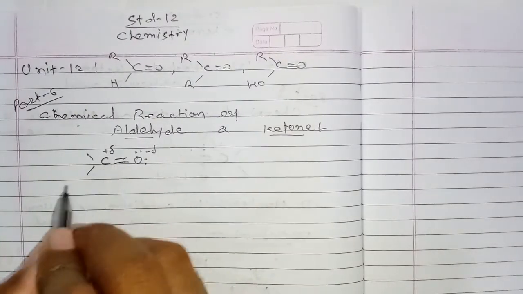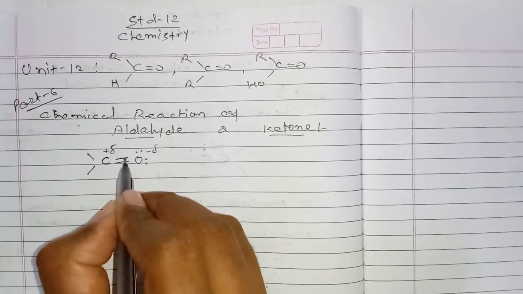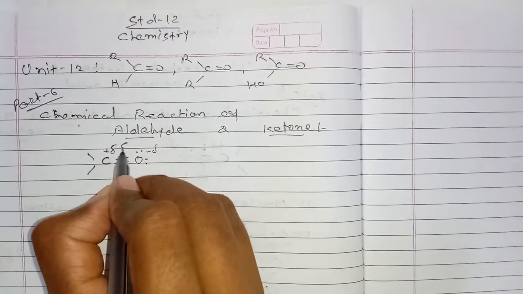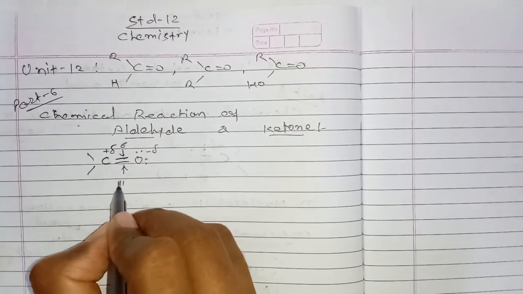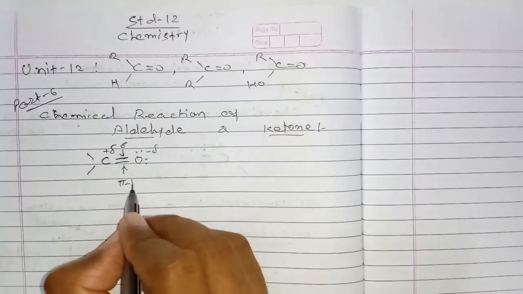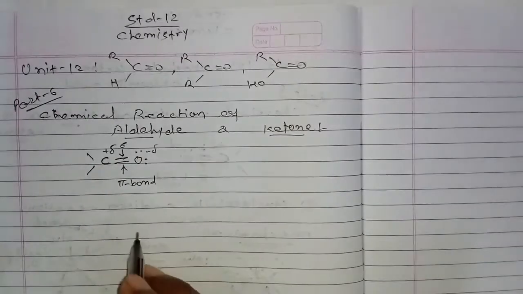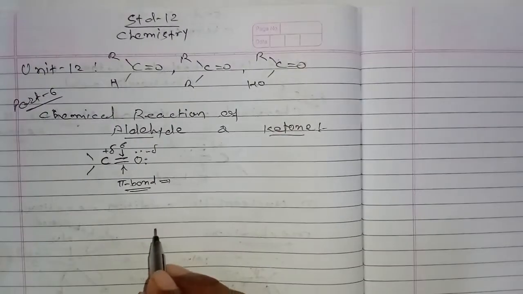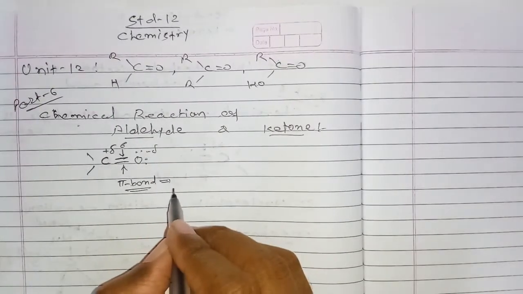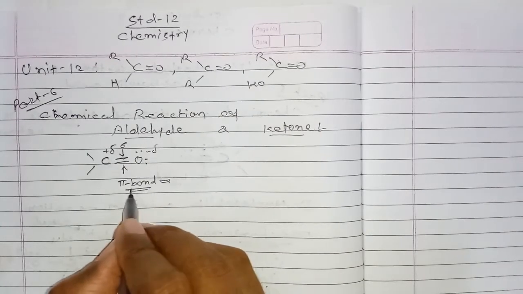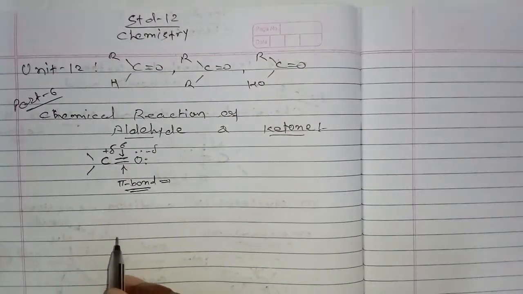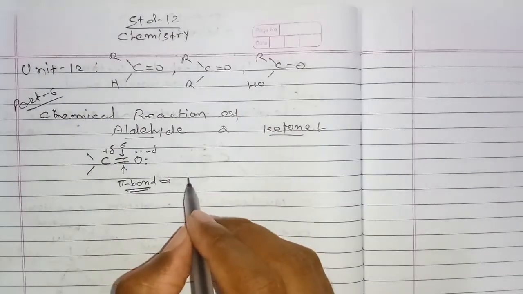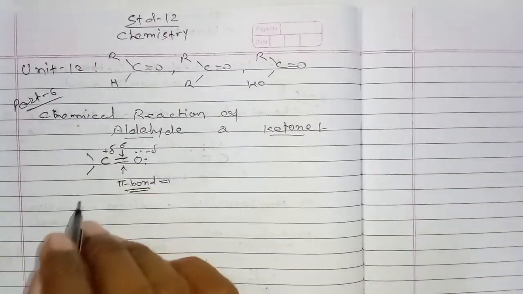Between carbon and oxygen, the double bond consists of one sigma bond and a second pi bond. In nucleophilic addition reaction, the pi bond will break and a new atom is introduced.